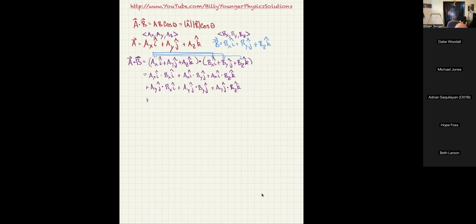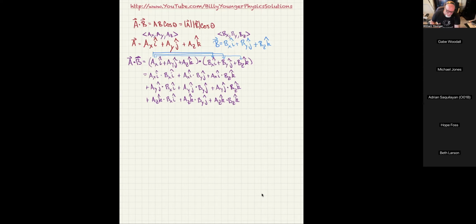Now I've got to do the third term, which is going to be a_z k-hat dotted with b_x i-hat plus a_z k-hat dotted with b_y j-hat plus a_z k-hat dotted with b_z k-hat. So obviously you had a three-term polynomial with another three-term polynomial. When you multiply a three-term polynomial by a three-term polynomial, you get 3 times 3, or 9, components. That's what we got, the 9 there.